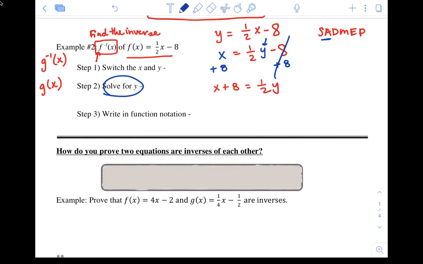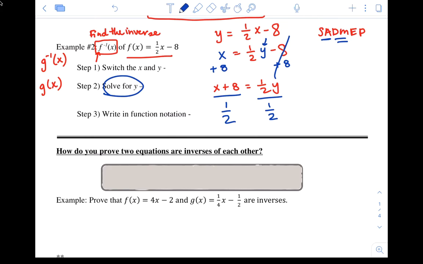Now I'm going to get rid of any multiplication or division that's happening to that y. So y is being multiplied by 1/2. Before you do this, before you divide by 1/2, mathematically nothing is wrong with dividing by 1/2. The problem is mentally. Mentally, that is really tough to understand for anybody.